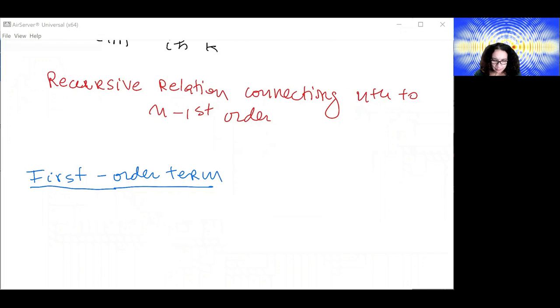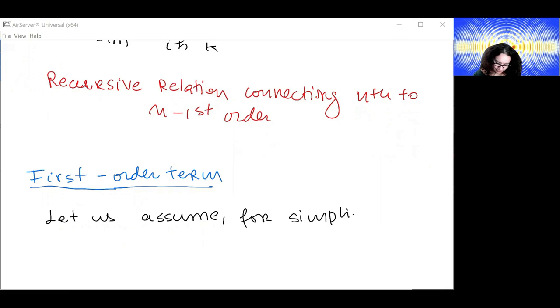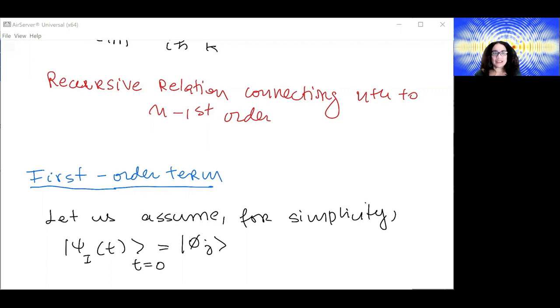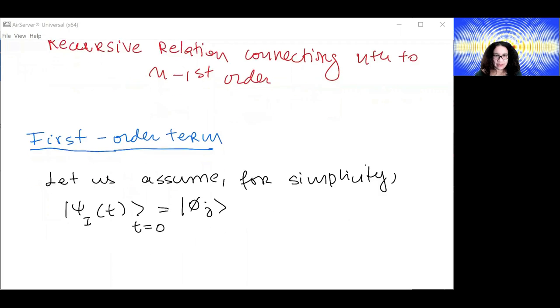So let us assume, for simplicity, that the system is initially put at an eigenstate phi j of H naught.